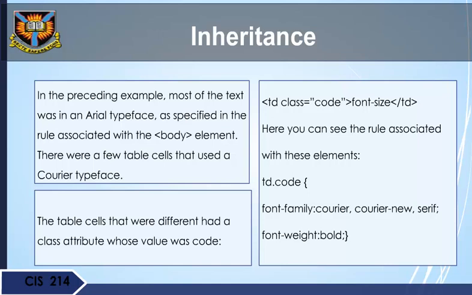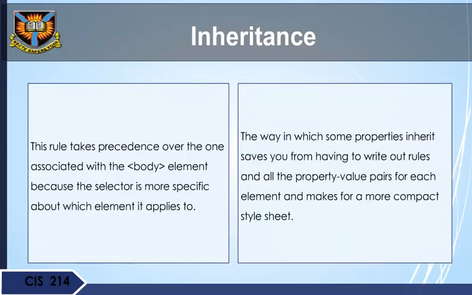Here you can see the rule associated with this element: td.code { font-family: Courier New, serif; font-weight: bold; }. This rule takes precedence over the one associated with the body element because the selector is more specific about which element it applies to. The way in which some properties inherit saves you from having to write out rules and all the property-value pairs for each element and makes for a more compact style sheet.